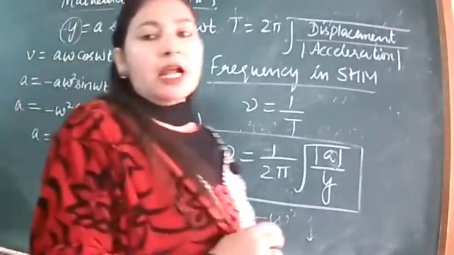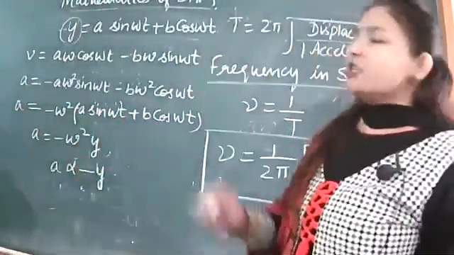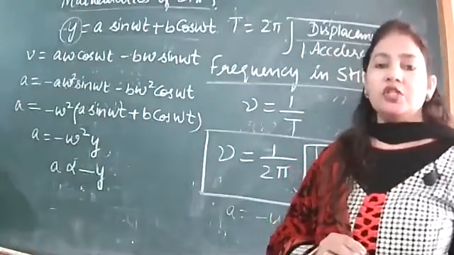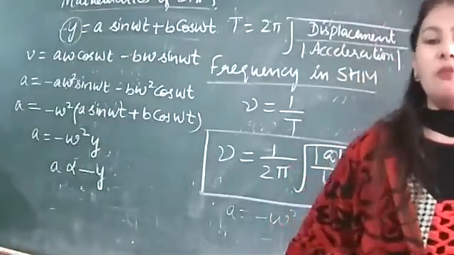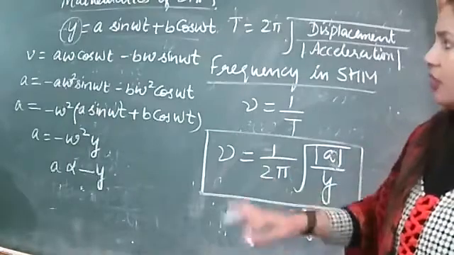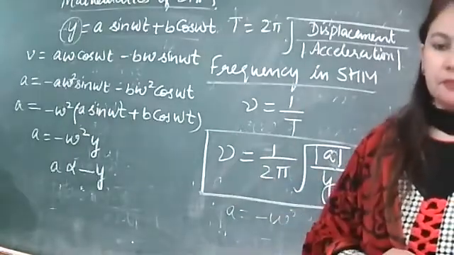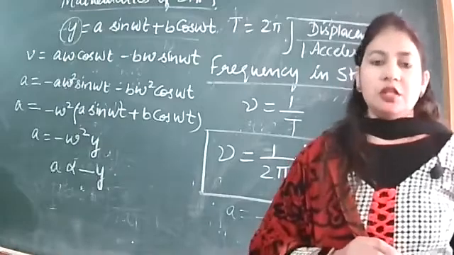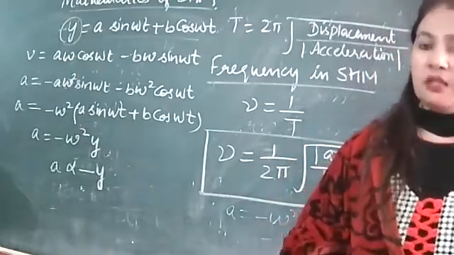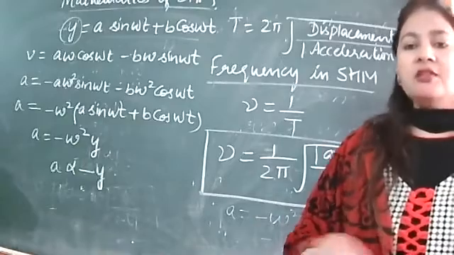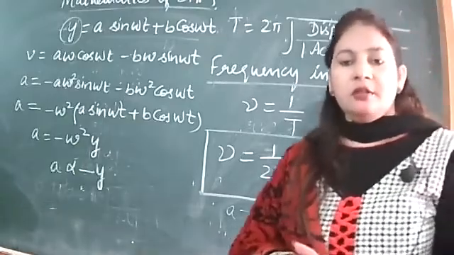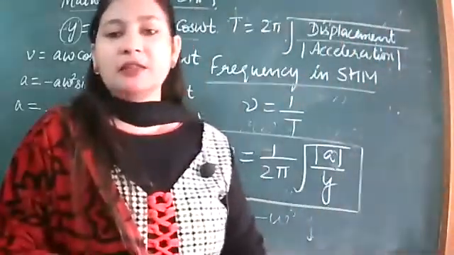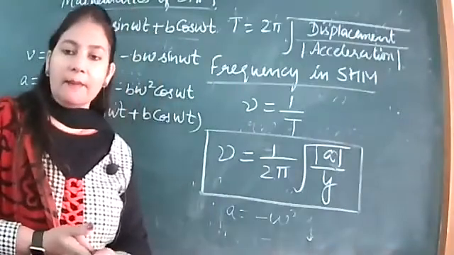This shows that this is an example of SHM. So yes, this equation represents simple harmonic motion. So this way you can check any equation, whether it is representing simple harmonic motion or not. Fine, students, any doubt? Clear?